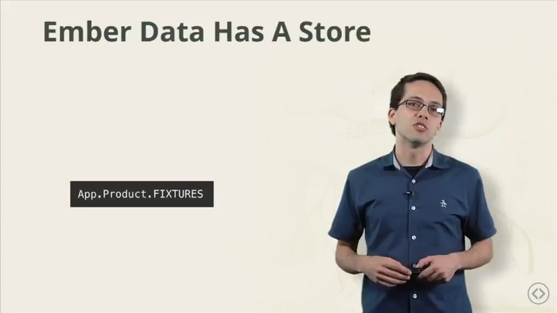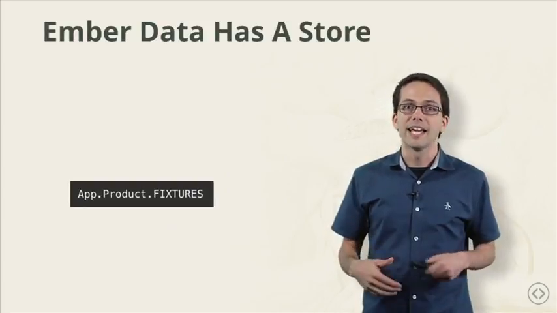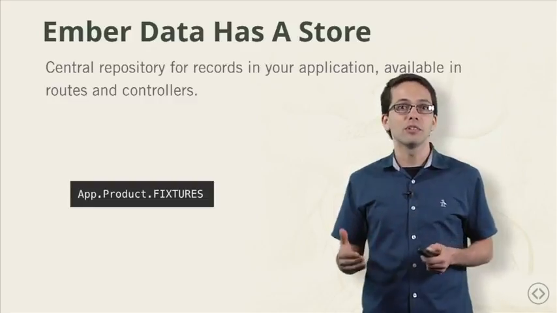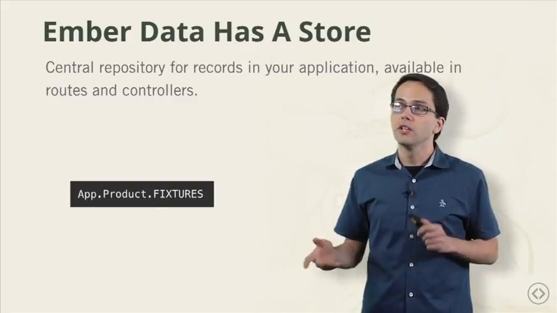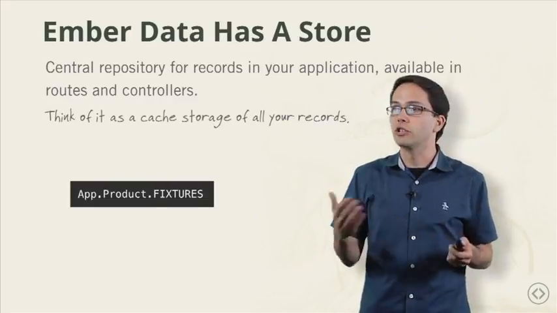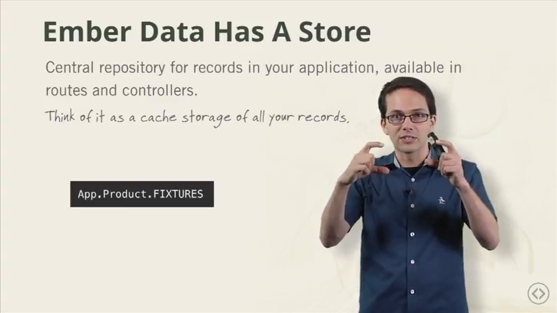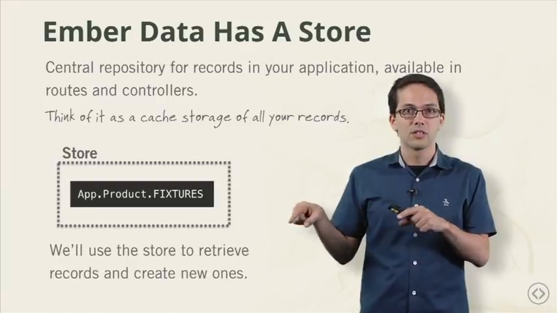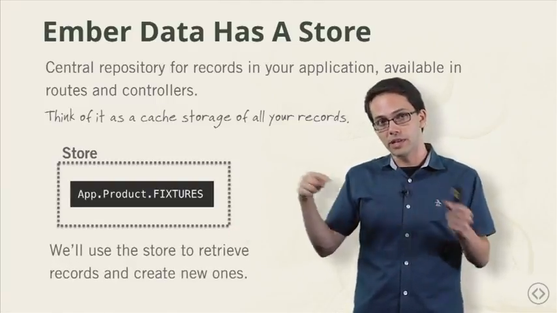Ember Data has this notion of a store. It's a central repository for all records in your application available in routes and controllers. You can think of it as a cache store for all your records, right? So inside of that store is the fixtures we just created. And we'll use the store to set and retrieve records.